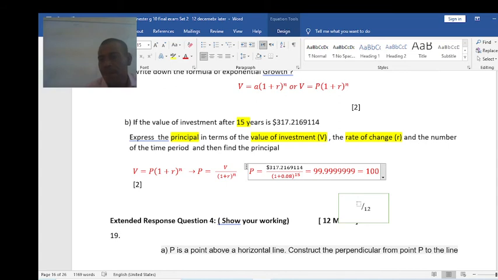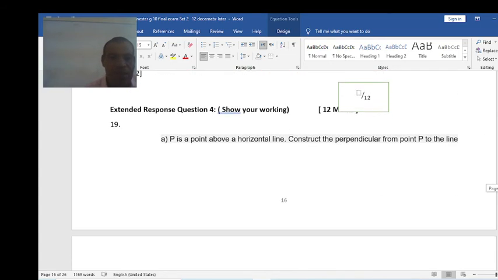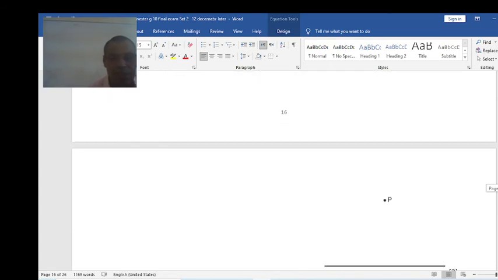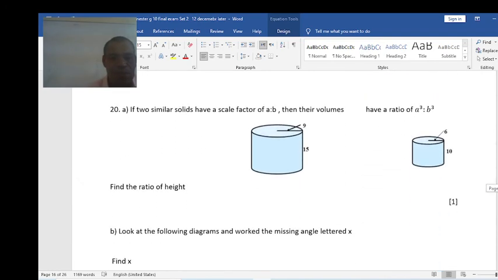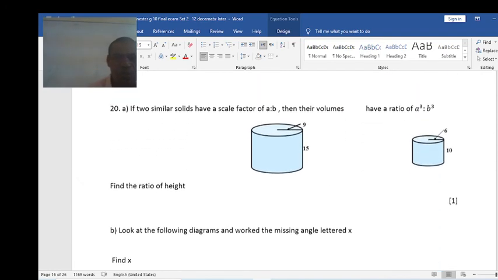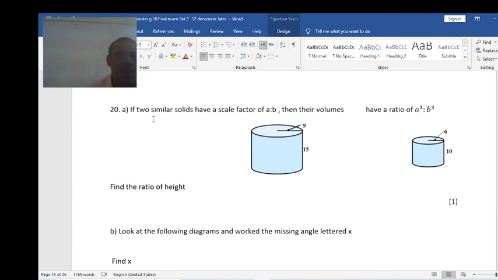For this example, for construction, it's easy. We did this before in the classroom. For this one, if two similar solids have a scale factor of A to B, then their volumes have the ratio of A cubed to B cubed. Find the ratio of height.